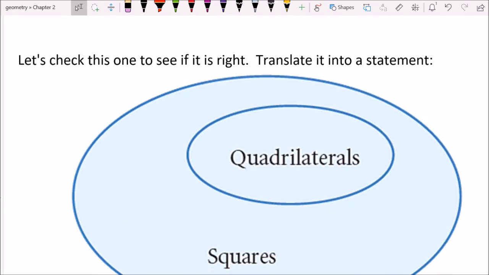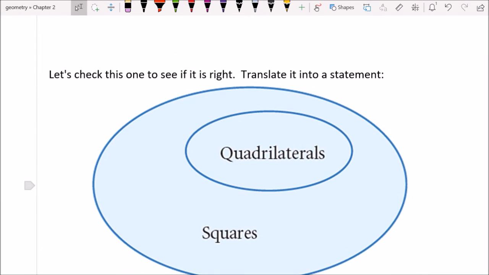So let's go in the other direction. What if we had something like this? We're going to translate this one into a statement. And also, let's see if it's even true. So let's pick a spot on here. Like if I go right here, put an X. What do we know about that X? It's inside the squares bubble.